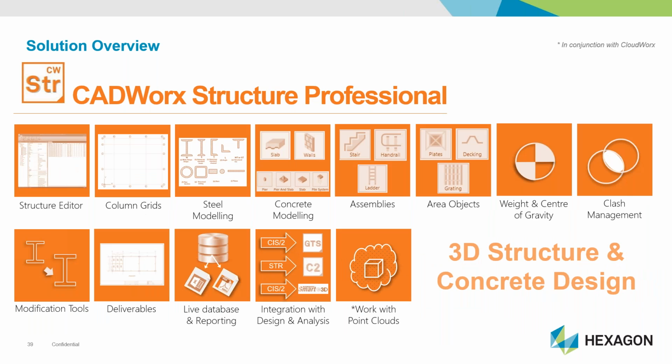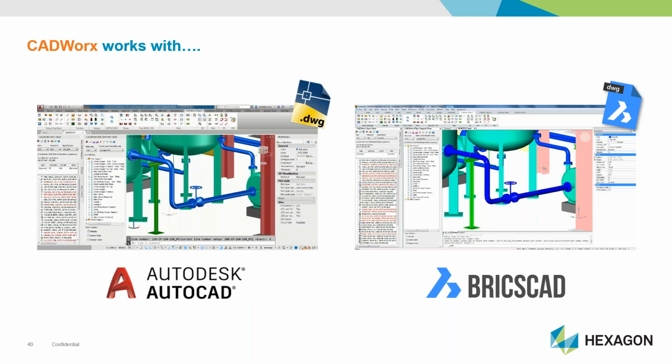CADWorx Structure Professional, this is the newest member of the CADWorx design suite. It provides features that help structural designers design both structural steelwork and civil structures formed from precast or formed in place reinforced concrete. Now you're probably wondering, how does CADWorx work with CloudWorks if no plugin actually exists?